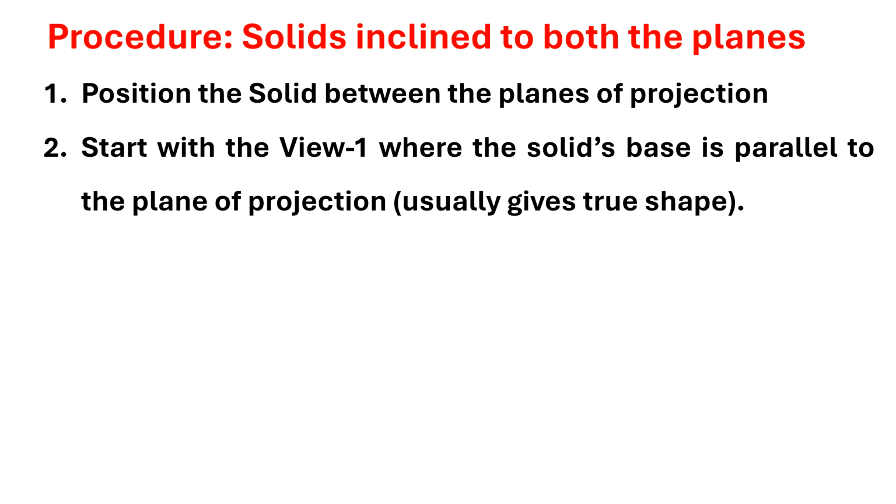In order to start view 1, we need to first observe whether the base of the solid is parallel to the horizontal plane or the vertical plane. If the base of the solid is parallel to the horizontal plane, it can be seen in the top view, so we will start from the top view.